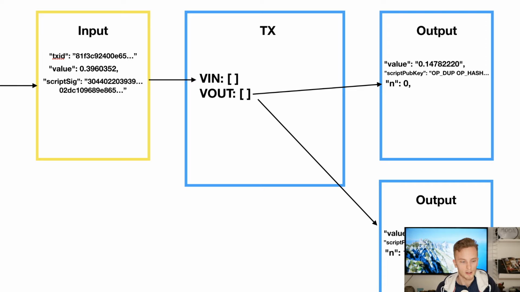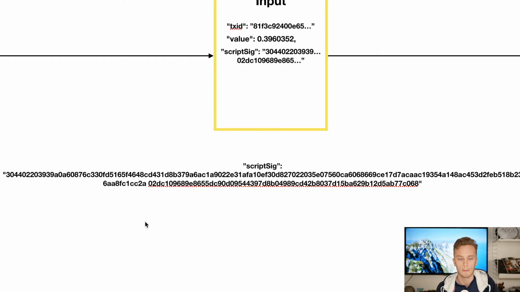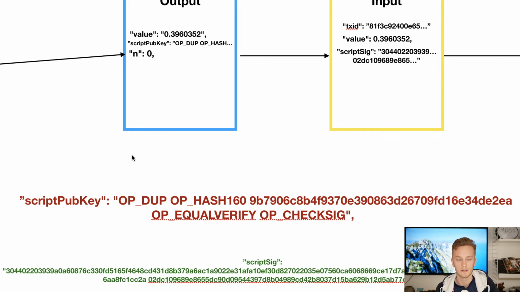Let's take a look at both an unlocking script and a locking script. Here is a locking script that is coming from an output. The red one is the locking script, the script pub key, and it contains some functions: OP_DUP, OP_HASH160, and an actual hash.